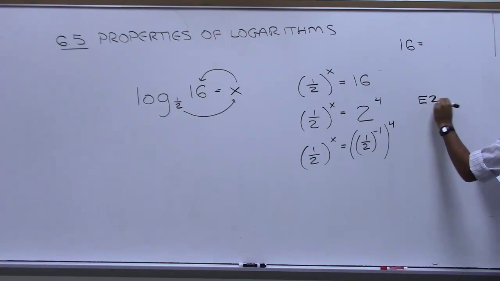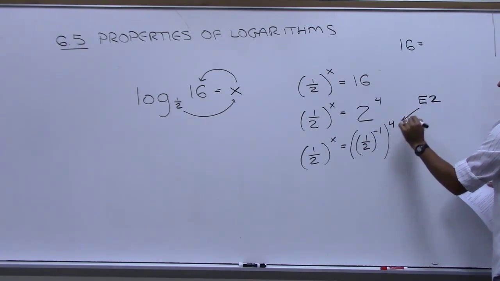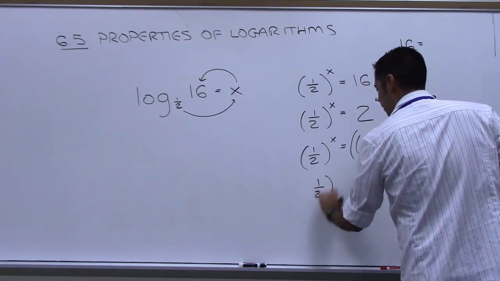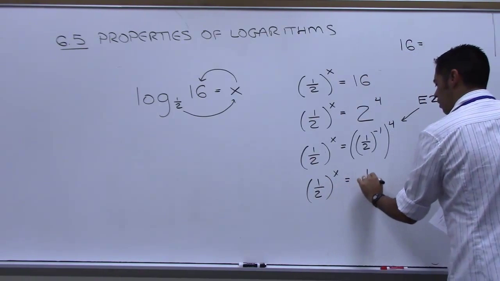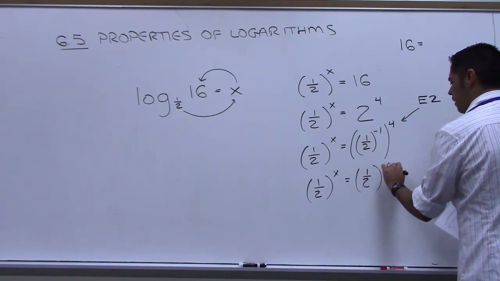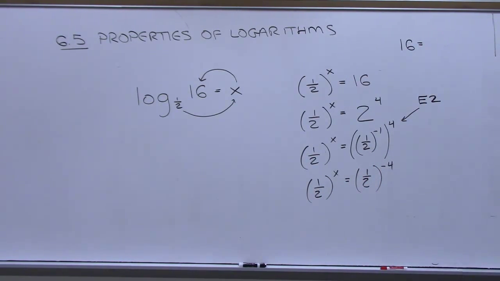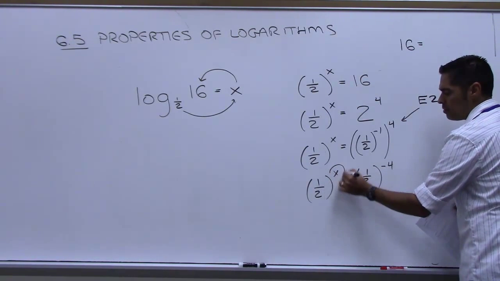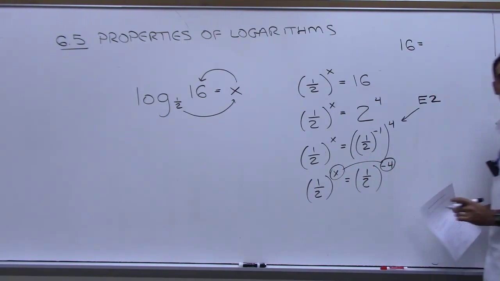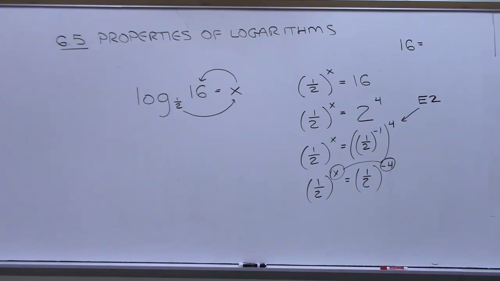This is exponent rule number 2. Right, for this, what does this turn into? 1/2 to the -4. So 1/2 to the -4 equals 1/2 to the x, which means that x must equal -4. So your answer would be -4.